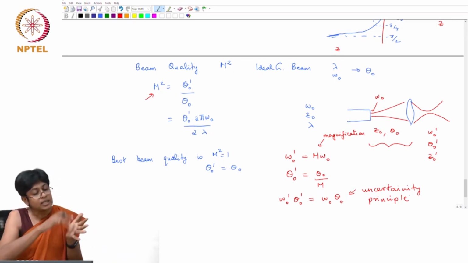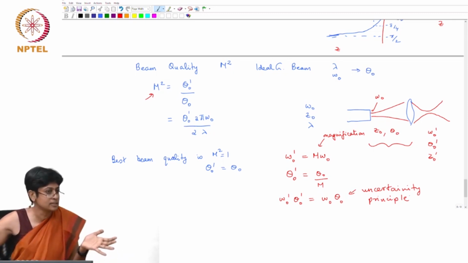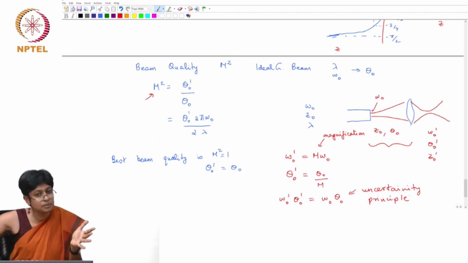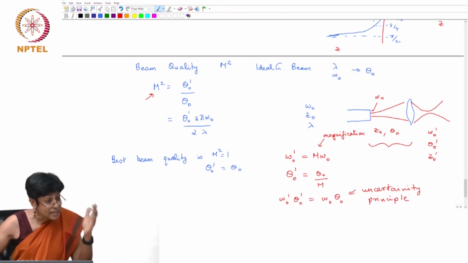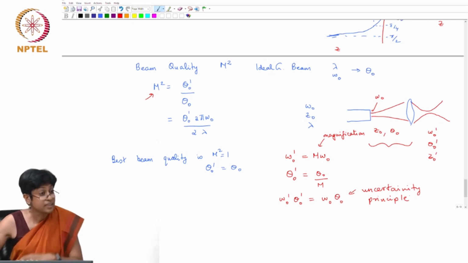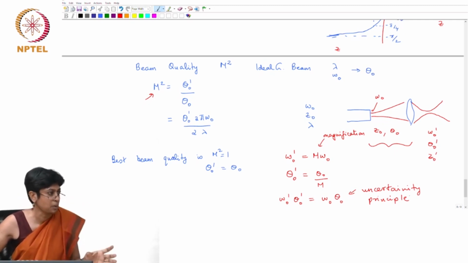So I can use 100 lenses and transform my Gaussian beam with these 100 lenses, and each time, yes, I get a new omega naught and a new theta naught, but I will never escape the initial inherent property.